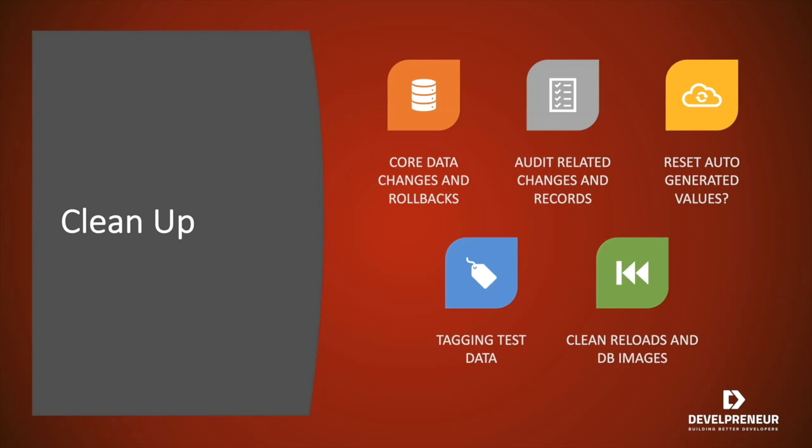So sometimes I have that side effect of data changes that I need to take into account as part of my cleanup. In some cases, there may be auto-generated values, keys, and things like that that I now want to reset those counters.